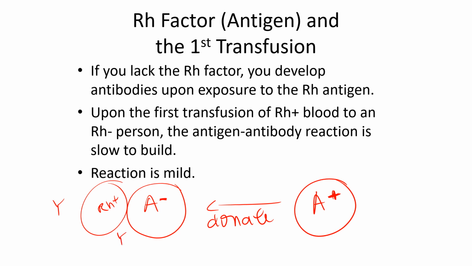Because this is slow for our bodies to recognize and react, the reaction here is mild because we are dealing with the first transfusion. Okay, so it takes time for your body to recognize the invader. It takes time to build those antibodies against that foreign invader, which is that Rh positive antigen, something foreign to us.